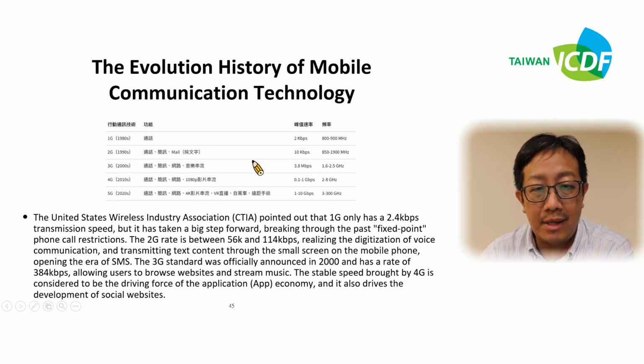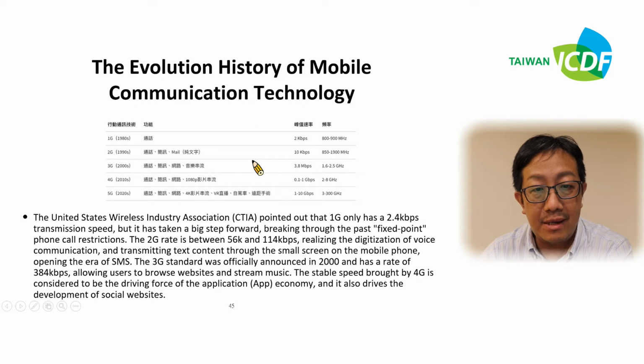The 2G rate is between 56K to 115 kbps, realizing the digitization of voice communication and transmitting text through the small screen on the mobile phone, opening the era of SMS.